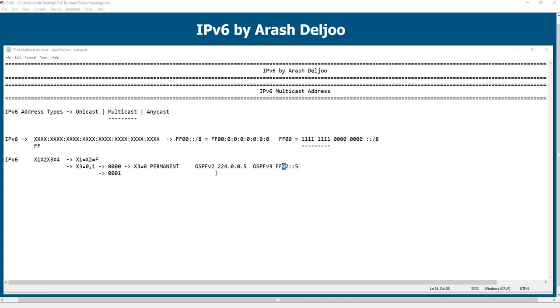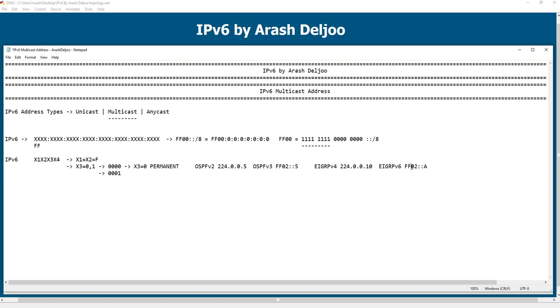Okay, permanent multicast address means this address is reserved only for one application. For another example, for EIGRP for IPv4, we are using 224.0.0.10, okay, in IPv4. But in EIGRP for IPv6, we are using FF, meaning multicast, again 02::A.